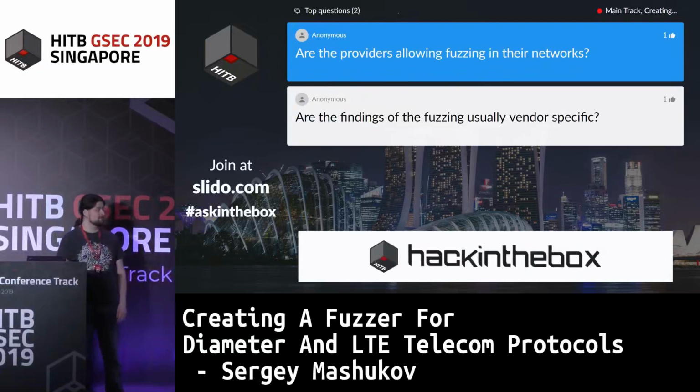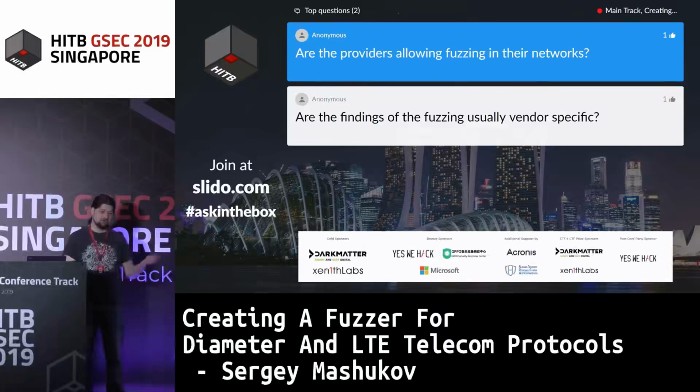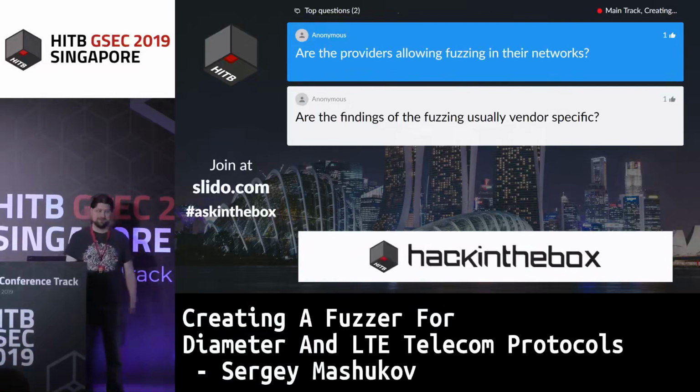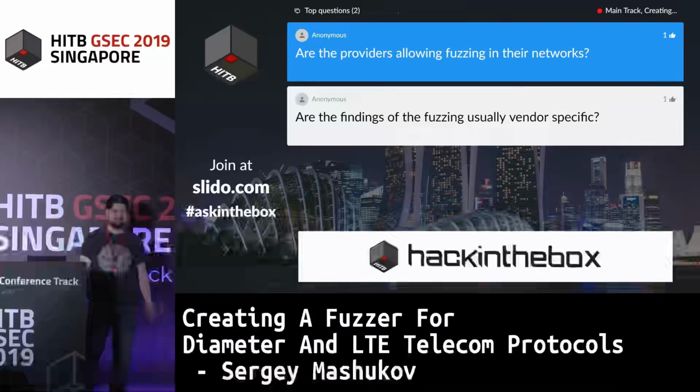Fuzzing in the real network: to do this properly, you need to connect to the operator, and I'm quite sure that they will say no, and I don't think you should really do that, because, okay, you fuzz an MME or HSS, now the whole city is without network. In countries like Korea, the whole country is without any mobile network for these operators. That's a huge problem that can get you in jail, I think, in some countries.